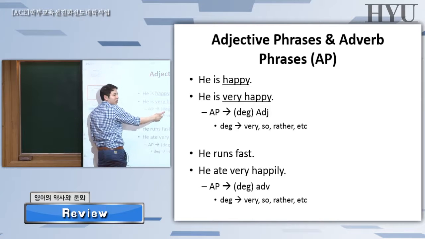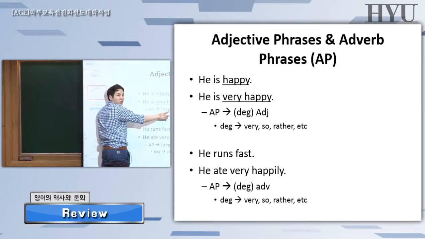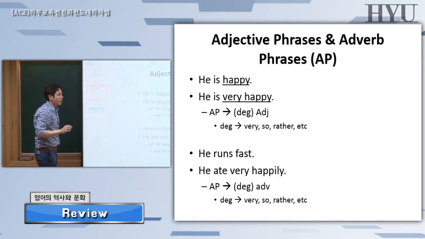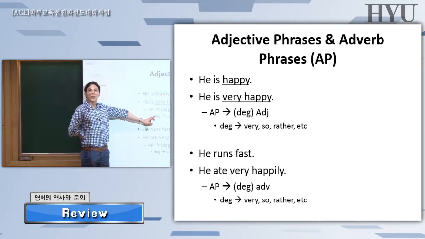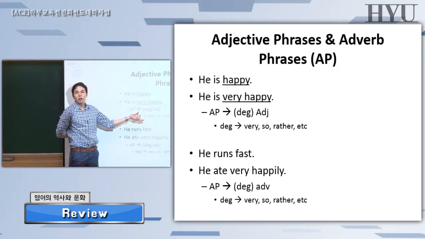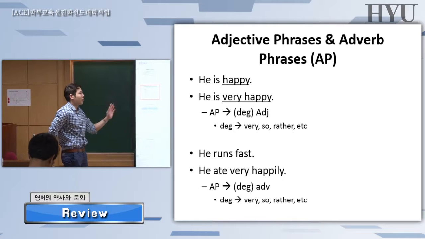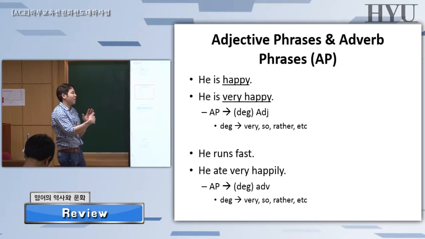Now, the structure is like this. This adjective phrase consists of, the arrow means consists of, a degree word and the adjective, which is the head word. So that's the structure, right? And the degree word could be any word. Very, so, rather, fairly, anything. Okay? Extremely could be anything that would modify that adjective.